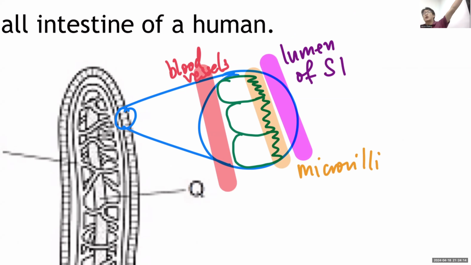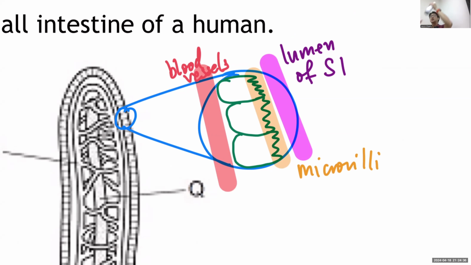Let me share with you this one word. Please make sure we learn how to use this. The word lumen refers to the space in a cylindrical object. So if I roll up my paper, I form a cylinder, right? The lumen is the space inside. Your small intestine is essentially this.